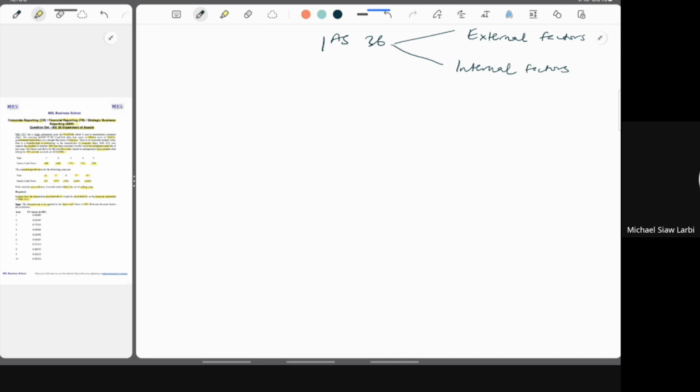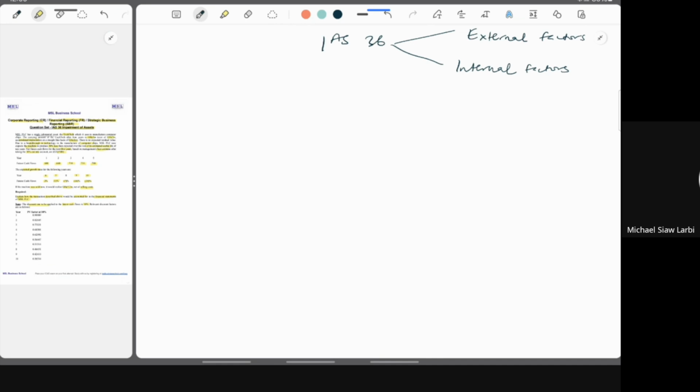There could be adverse changes in the market or business, the tech environment, economic legal environment, increase in the market interest rates, which will affect the discount rates to be used, right? Or let's say the carrying amount of the entity's assets would exceed the market capitalization, pretty much for mainly listed entities, right?